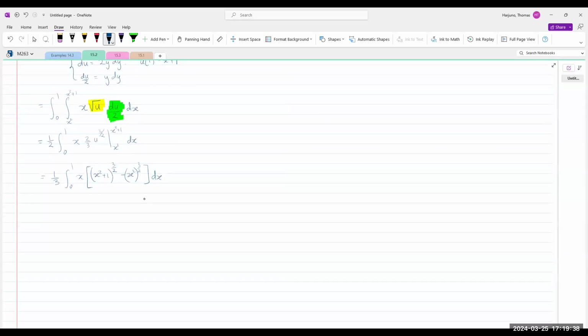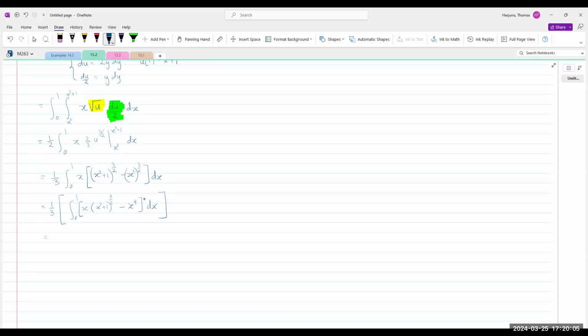Okay, so this becomes 1/3 times, let me pull this, the integral from 0 to 1 of x times (x squared plus 1) to the power of 3/2, minus, this is x cubed times x, that's x to the 4th, dx, right?